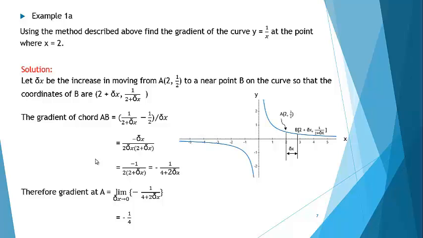And by dividing the top and the bottom by delta x, the answer becomes negative 1 over 2 bracket 2 plus delta x. By taking off the brackets in the denominator, we get 4 plus 2 delta x as the denominator. Therefore, the gradient at A equals limit of negative 1 over 4 plus 2 delta x, where delta x tends to 0. So the final answer for the gradient at A equals negative 1 over 4.